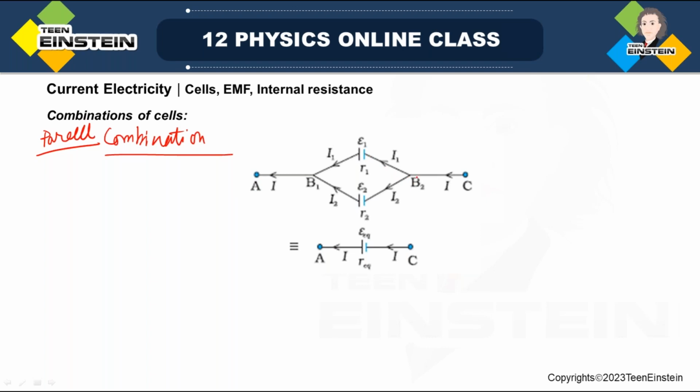The current or charges which are coming up to here are getting divided into two parts. One part is going this way, another part is going this way. That's why I1 and I2 currents are there.